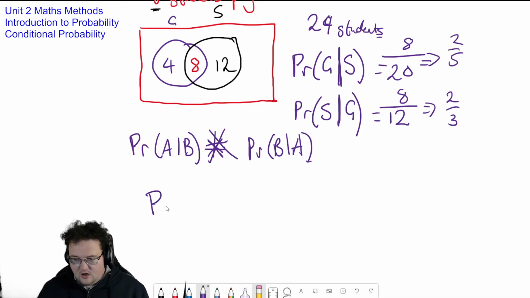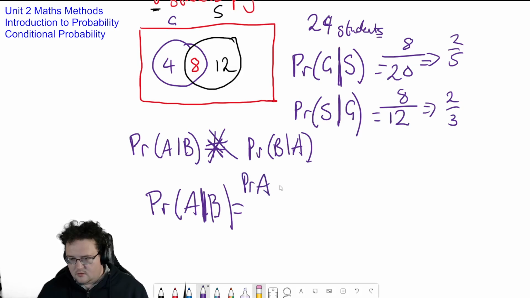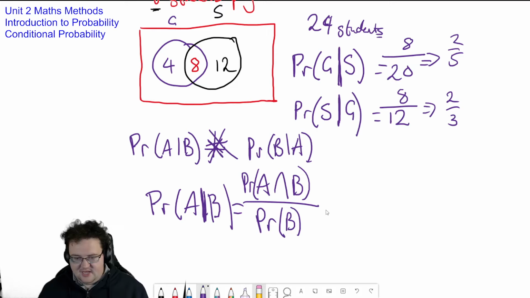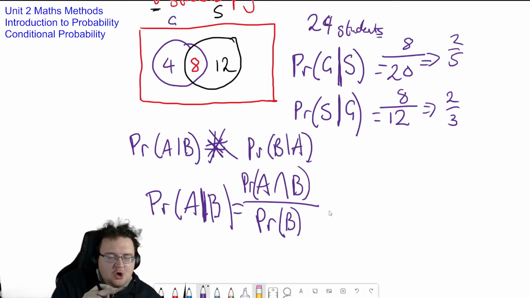The probability of A given B is equal to the probability of A and B divided by the probability of B, assuming B isn't 0.